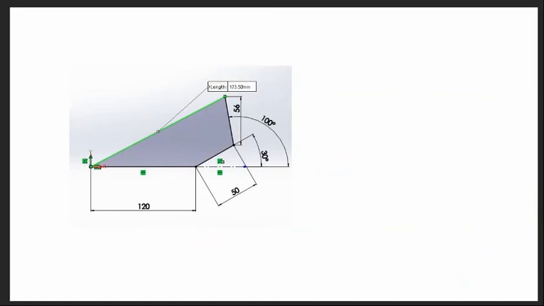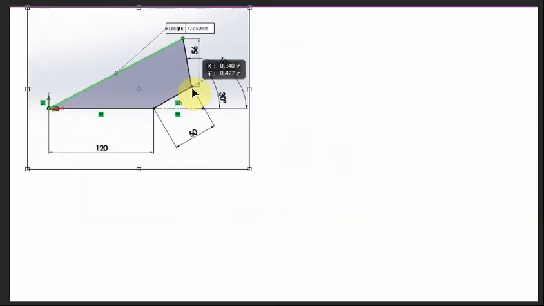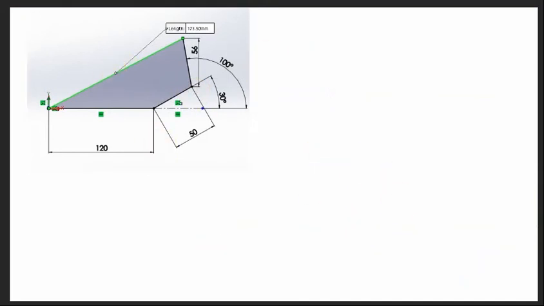So I'm going to close down what we have there and draw the arrowheads of the vectors here.